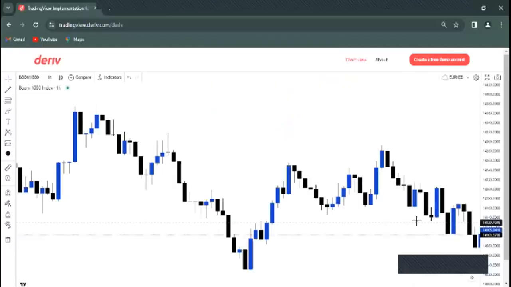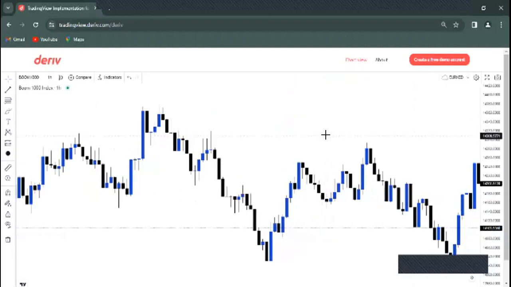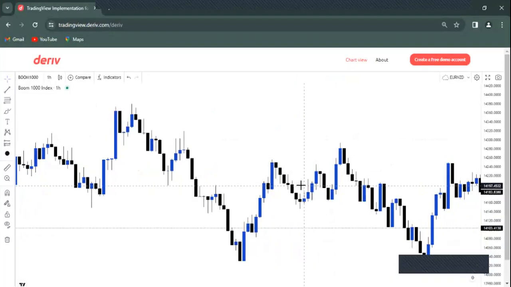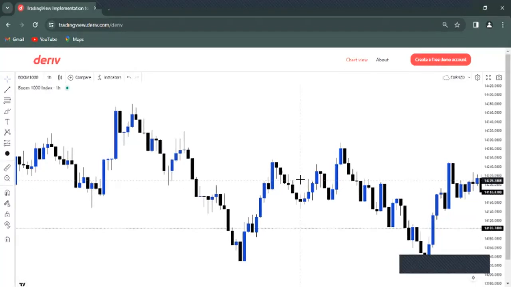You should anticipate that price moves from supply to demand. It rebalances the price. Just like I said yesterday, imbalance is used to balance the price when it is not balanced. So supply and demand also plays that important role.